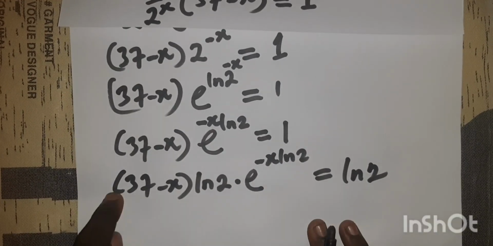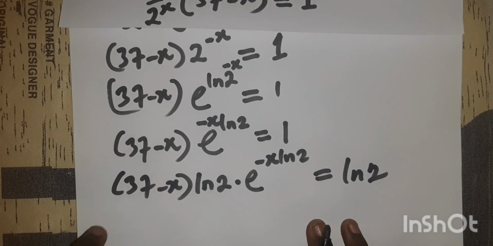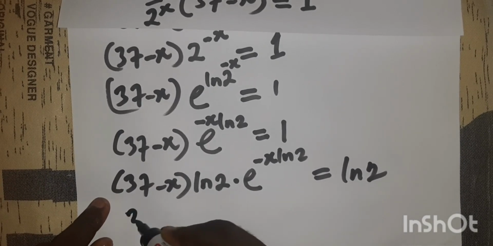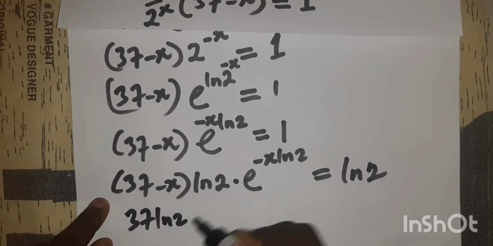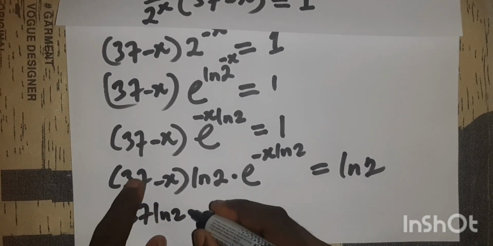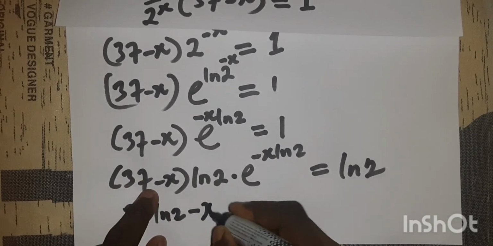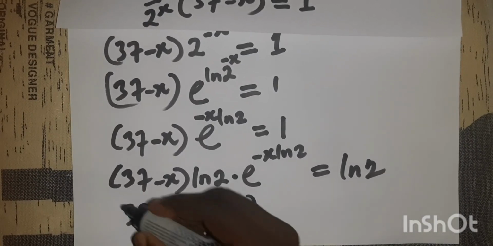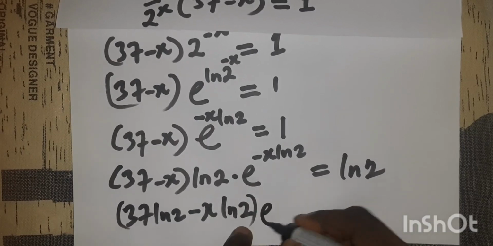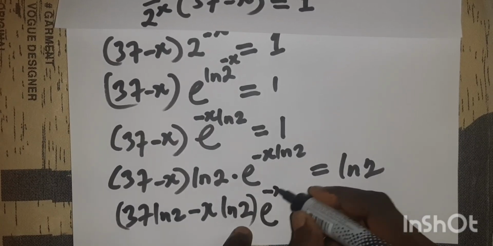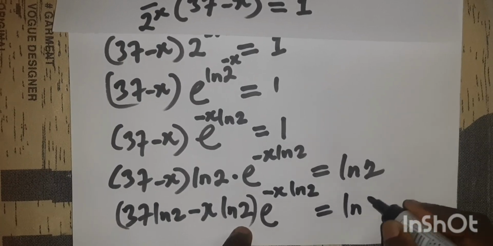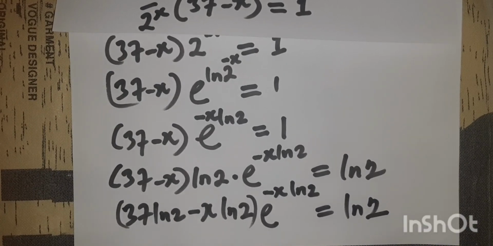So I can open the bracket here, so I can say ln of 2 times 37 gives me 37 ln of 2 plus times minus minus, then ln of 2 times x gives me x ln of 2, then everything times my e here, still there, e minus x ln of 2 equals to, I still have ln of 2.